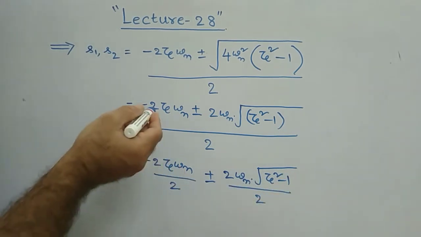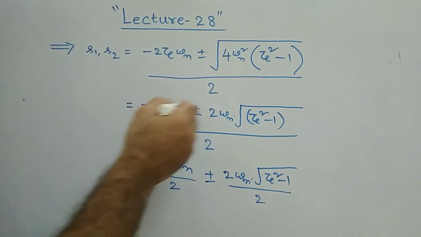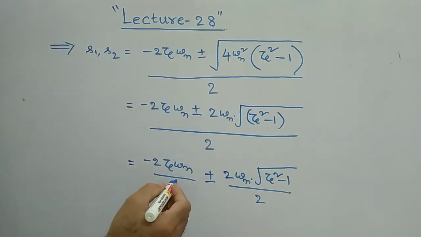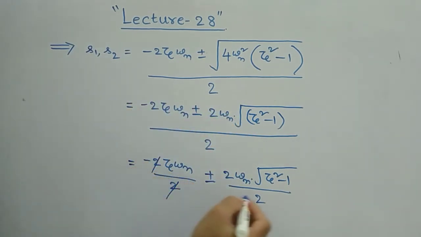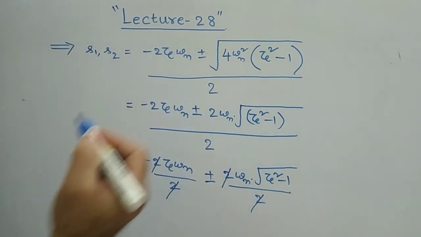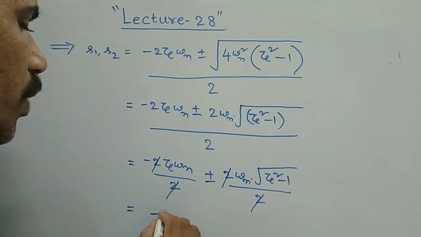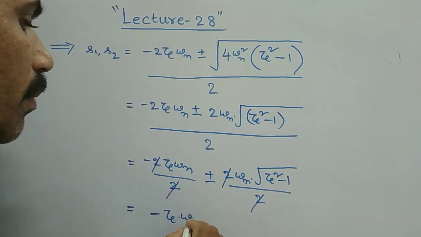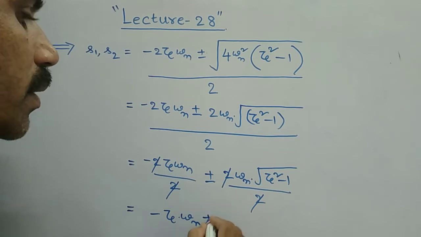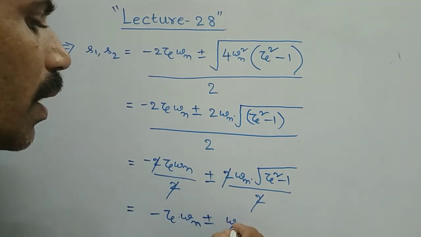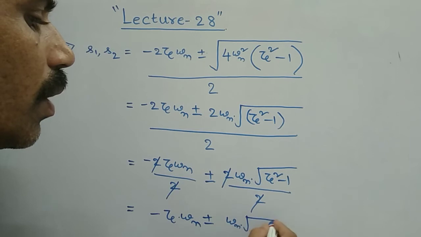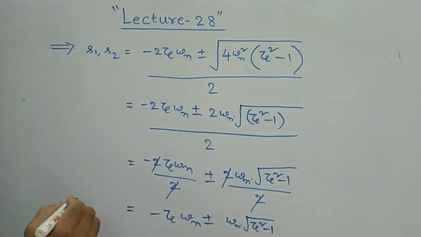Clear, because these are the two parameters, so I am writing them separately. Then this 2 will be cancelled out, this 2 will be cancelled out. So what will remain? What is your next step? This is equal to minus zeta omega n plus or minus omega n into square root of zeta square minus 1. This is what your S1 comma S2.